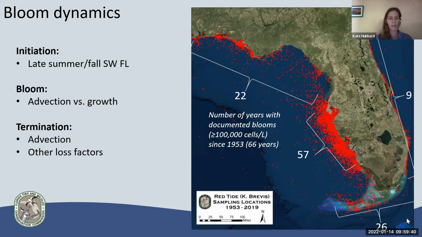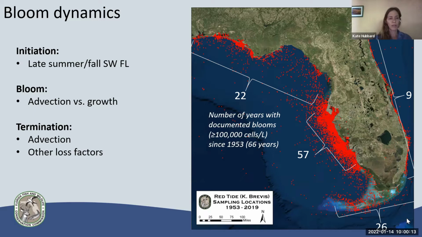We've had at least 57 blooms over the past 66 years, so there's a bloom there almost every year. In the Panhandle, we started observing blooms later than in Southwest Florida, and roughly 30% of the time there's a bloom there. Sometimes the blooms in Southwest Florida are transported to the south, impacting the Florida Keys, and in rarer cases, they can be transported all the way around to the east coast of Florida.